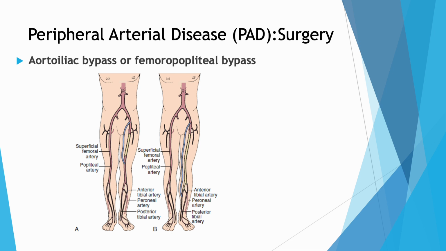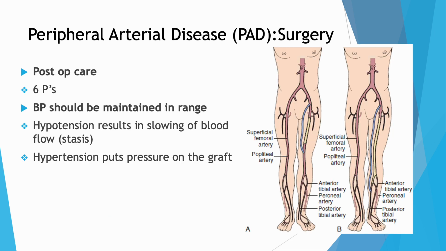Okay, and so when the patient comes out of surgery, in addition to everything else you assess after somebody has surgery, you would be doing the 6Ps as part of your assessment. And anybody that has a graft, whether it is a bypass graft from the arteries to the veins, or a bypass in the heart, or anywhere else on the body, there's something you need to know.